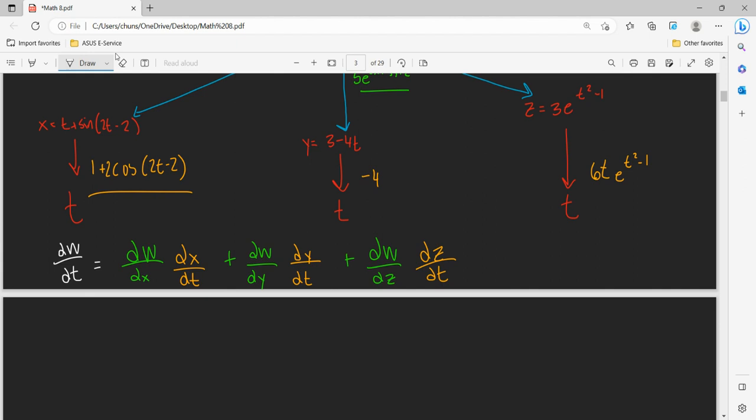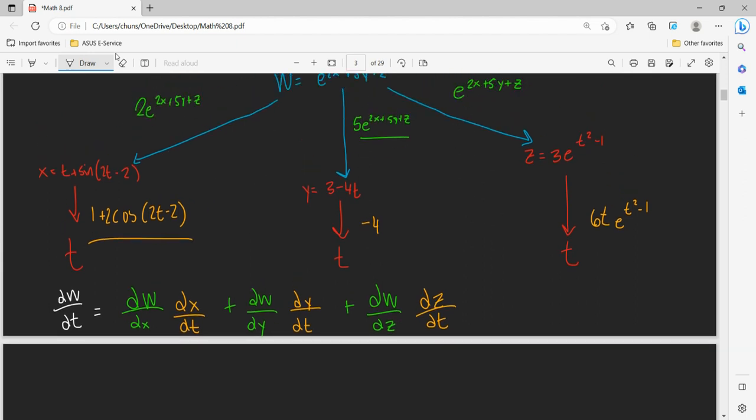So we're going to be using each of these green and yellow terms, right? And the complete sum will be dw over dt because, as we see, our x's, y's, and z's cancel. So it's just a complete sum of our function w with respect to t. So let's do just that.